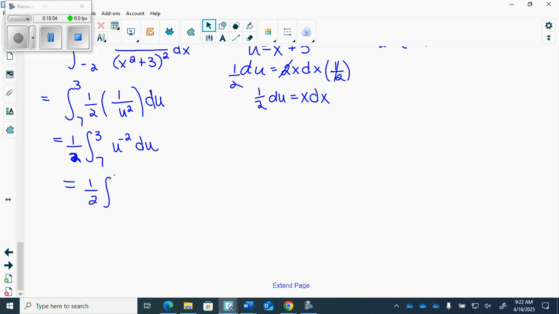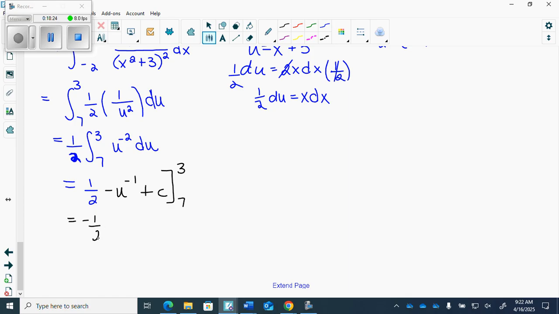Negative u to the -1 plus c from 7 to 3.